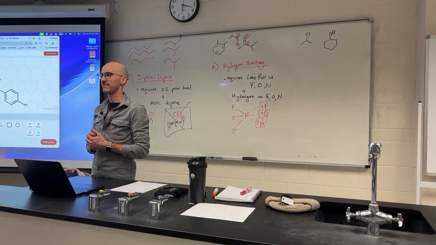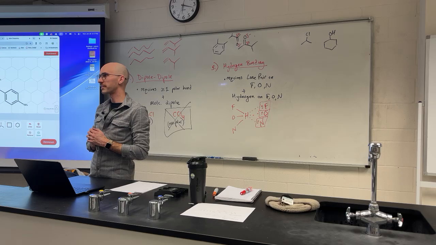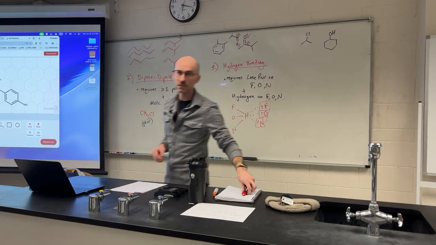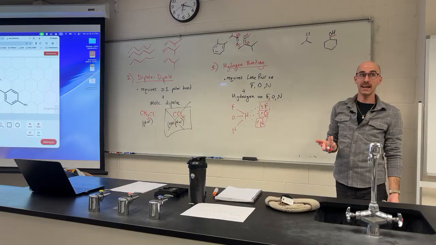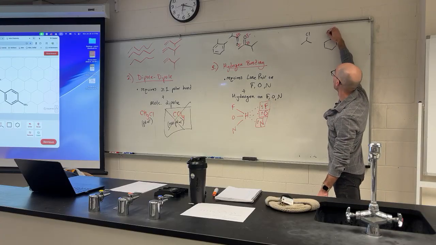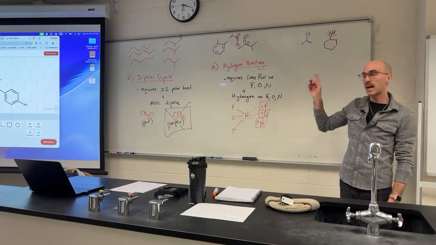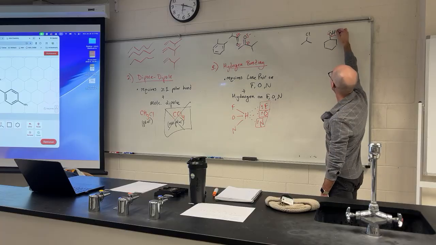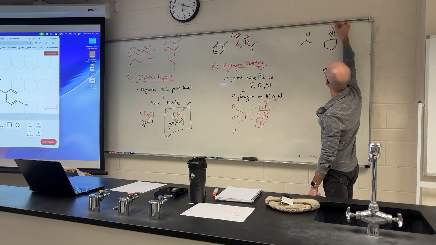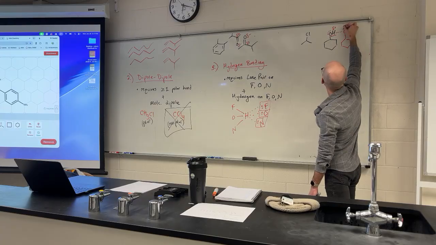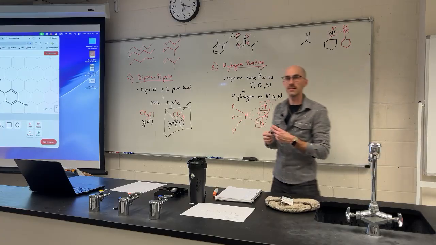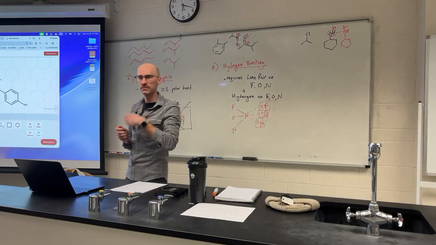Which one? On the right experiences hydrogen bonding. It meets the criteria of having O-H, and we know that that O has lone pairs. So this can hydrogen bond with itself. The partial positive on the hydrogen lines up with the partial negative on an adjacent oxygen.